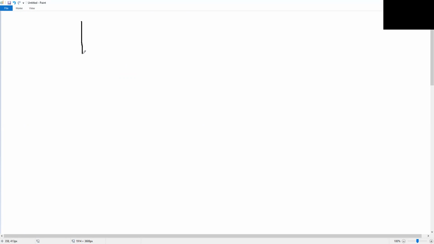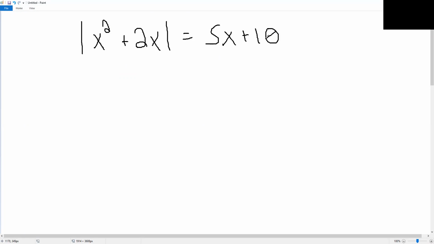So if we have the absolute value of x squared plus 2x, in the absolute value, equals 5x plus 10. Now, the way to solve this is do it the same way. Set up two different equations and solve for each.